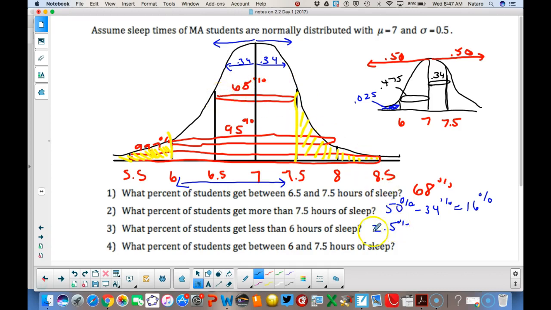So to figure out the answer to this question, we just need to add these 2 values. And when we add those 2 values, we get 81.5%.